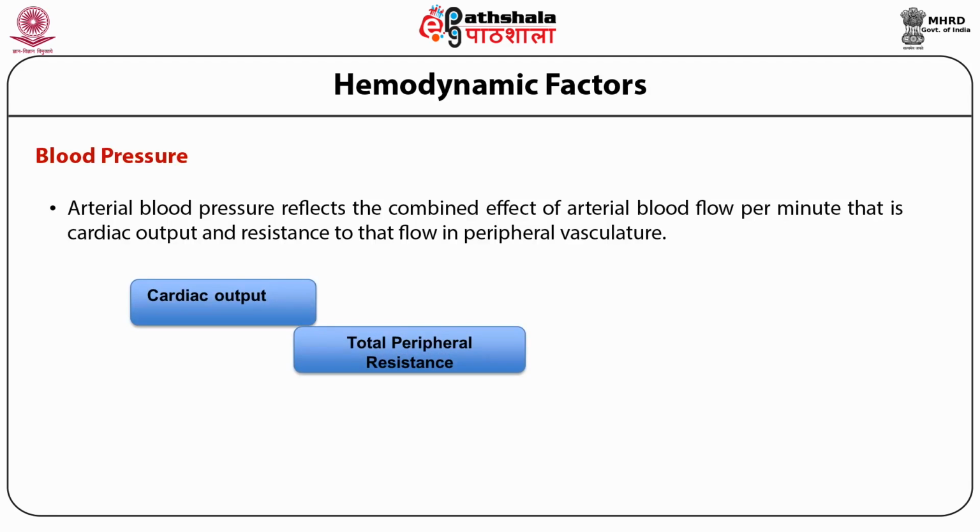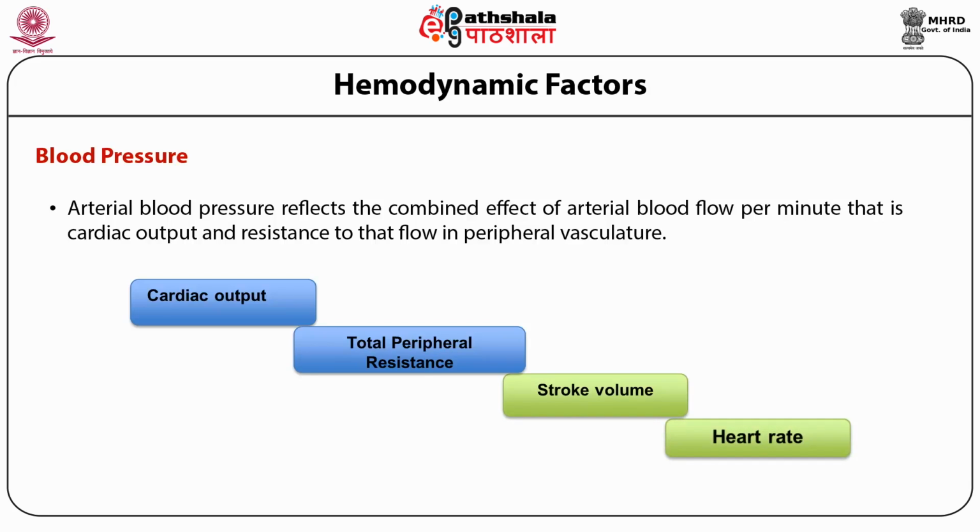Similarly, cardiac output can be represented as the product of stroke volume and heart rate. An increase in the stroke volume and heart rate would consequently generate more cardiac output, while a decrease in any of these parameters would decrease the cardiac output. With an enhanced cardiac output, there would be an increase in blood pressure.